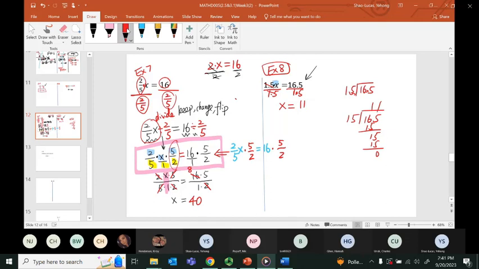So when we do this type of question, instead of dividing both sides by 2/5, you could choose to multiply both sides by 5/2. What is 5/2? We call it the reciprocal of 2/5. What is a reciprocal? It's flipping the top and the bottom. And why?